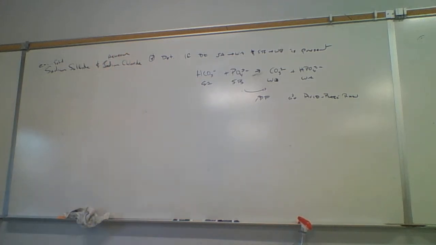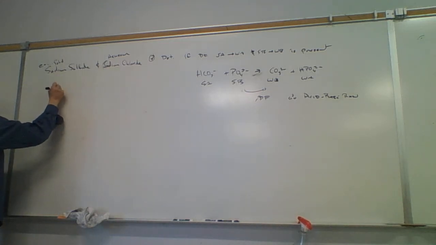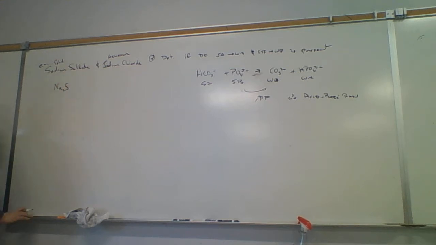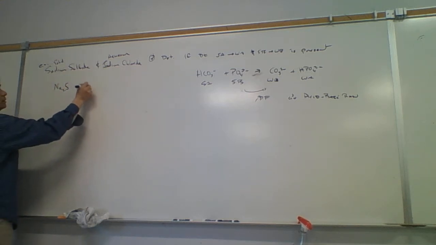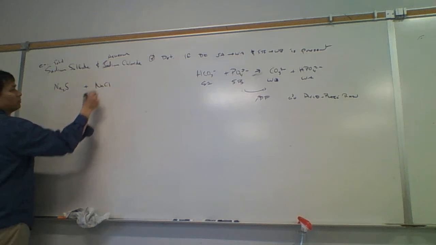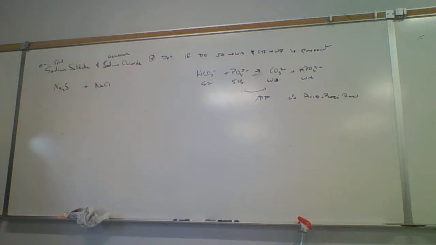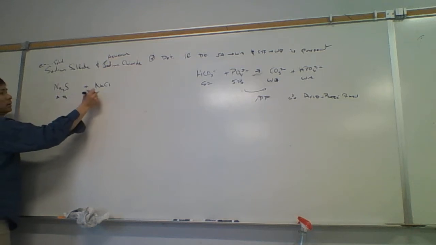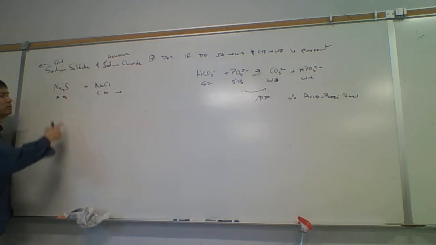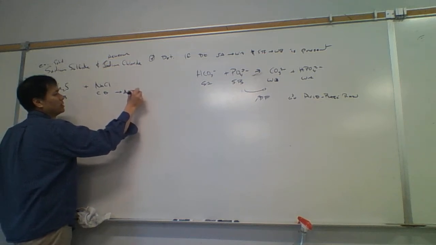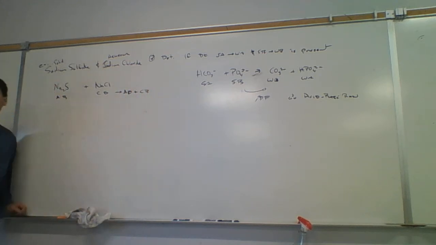Let's just try that. What's the formula for sodium sulfide? Na2S. Good. And sodium chloride? NaCl. So first off, this is an AB plus CD. So if it's AB plus CD, then it should form AD plus CB. So the double replacement reaction, right?